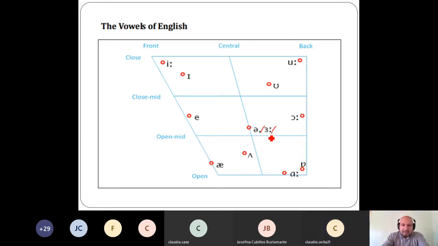Now, the other problem is there are some sounds that are similar, but not exactly the same as in Spanish. For example, we have the vowels a, e, i, o, u. Now, when we produce this sound, the one that I'm putting in a square here, is e, as in feet, see, bead, okay?